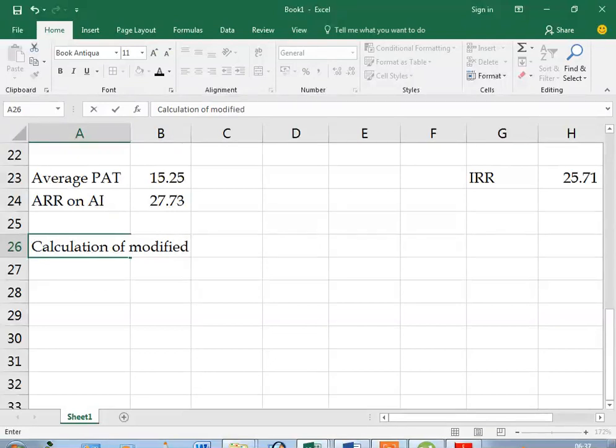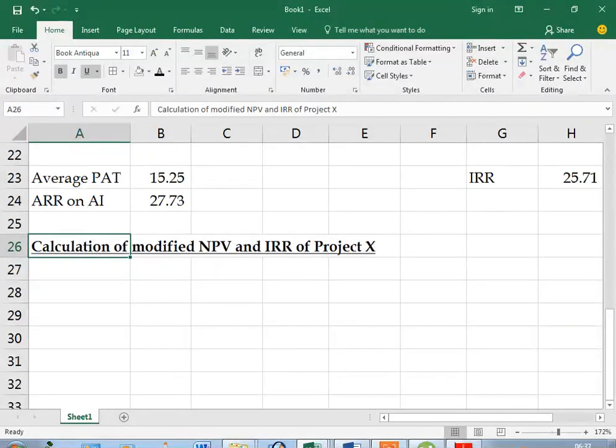Modified NPV and IRR of project X. Now to do this modified NPV and IRR, normal assumption is all cash inflows will get reinvested at cost of capital.